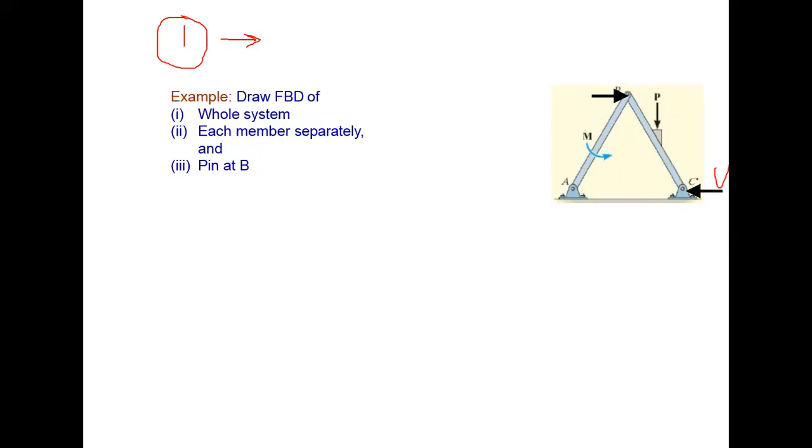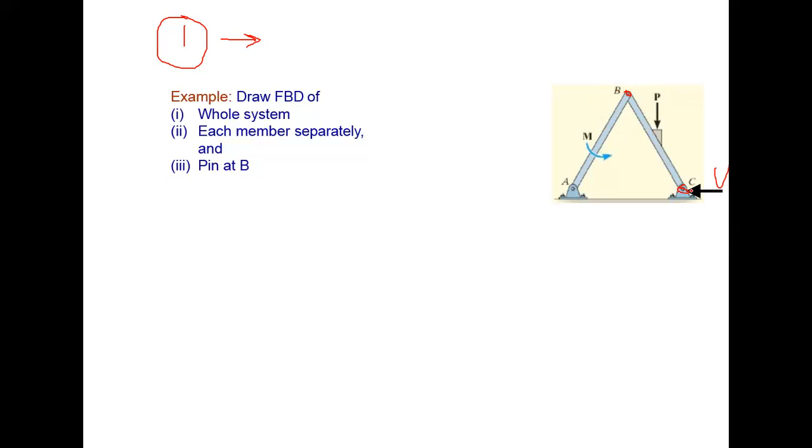See, this link BC is in equilibrium because of this pin joint and this pin joint. So if you remove this pin joint, then this link will not be in equilibrium.